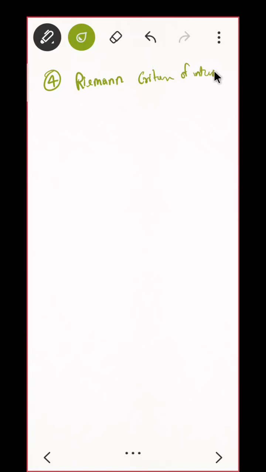What is that? Can somebody define for me? What is Riemann criteria? If you are having a bounded function f from E to, before that there is the definition of integrable. When do we say f is integrable? When LF is equal to UF.